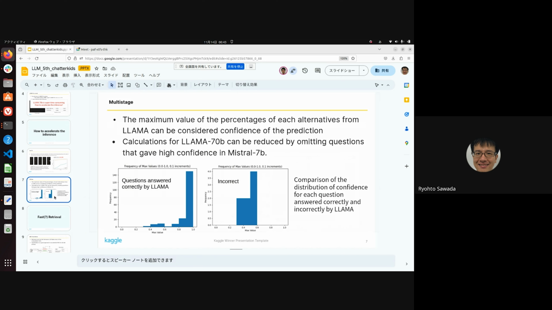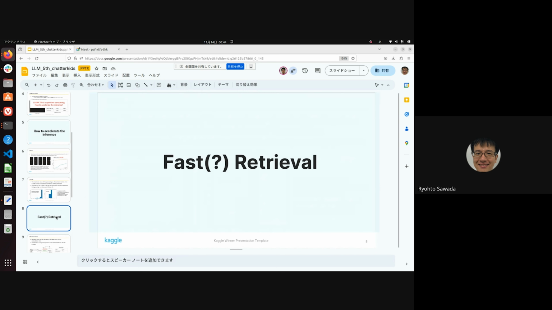The bottom figure displays the confidence distribution for questions answered correctly and incorrectly by the large language model. Clearly, confidence is low for incorrect predictions. Hence, we can skip Llama 70 billion's prediction for questions with high confidence by Mistral 7 billion. That can reduce computational cost.